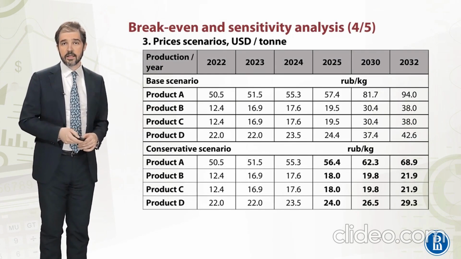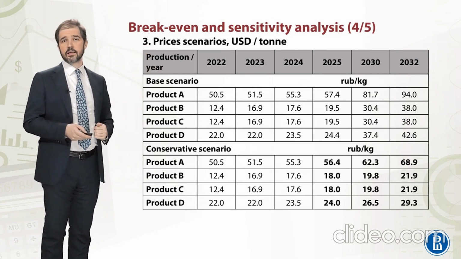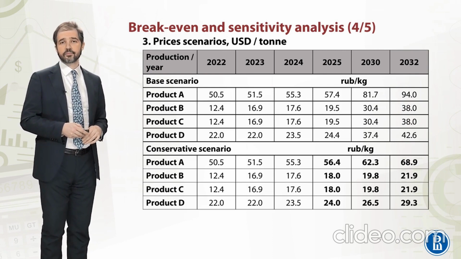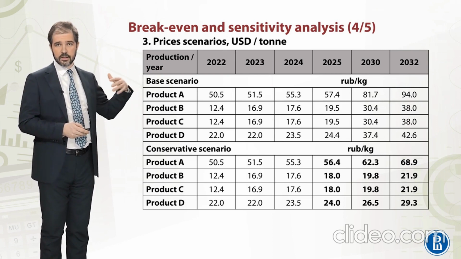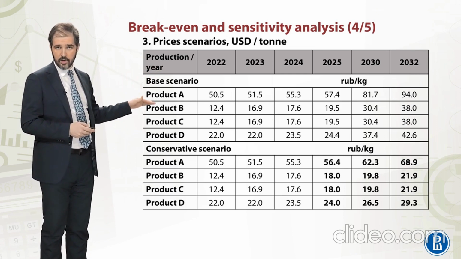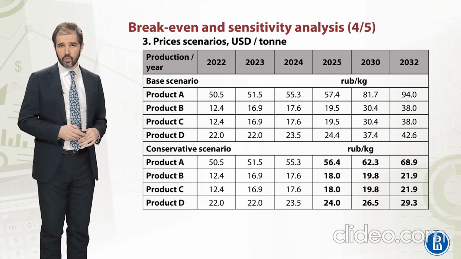Then prices. Again, we have the basic scenario. We see that prices in some years like 25 or 30 or 32 in the basic scenario are increased, but in the conservative scenario, they are highlighted in bold here, they are lower.